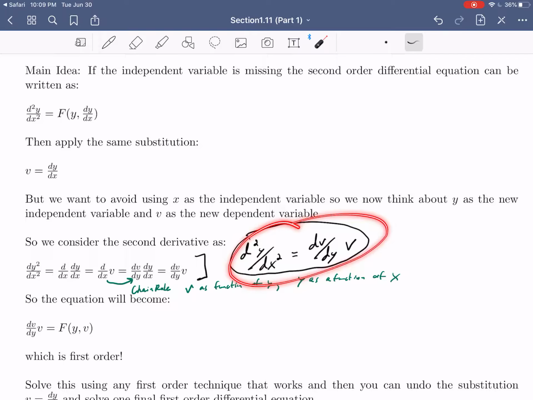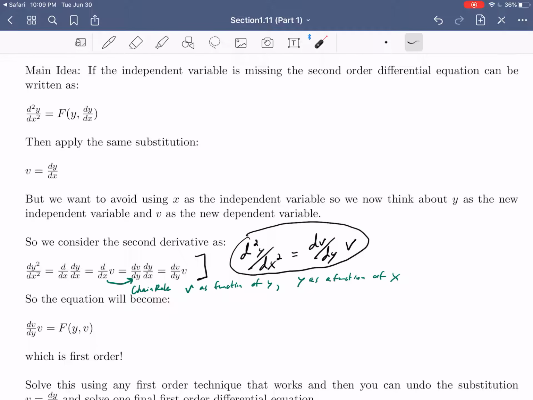Now that might not look like much, but the whole key here is we're going to think about the second derivative as the first derivative of v with respect to y. In other words, y will now be our new independent variable, and v will be our new dependent variable. So this starts off with the same substitution, but it ends with a very different idea.